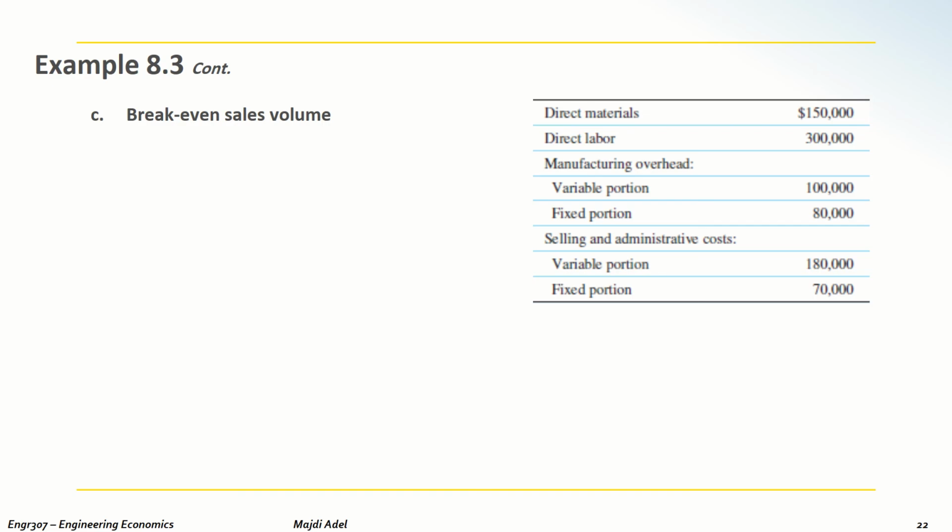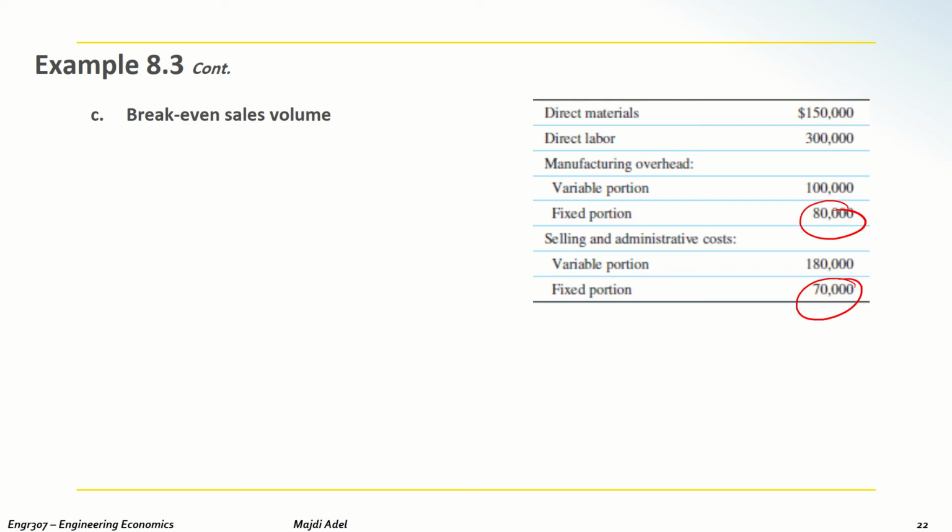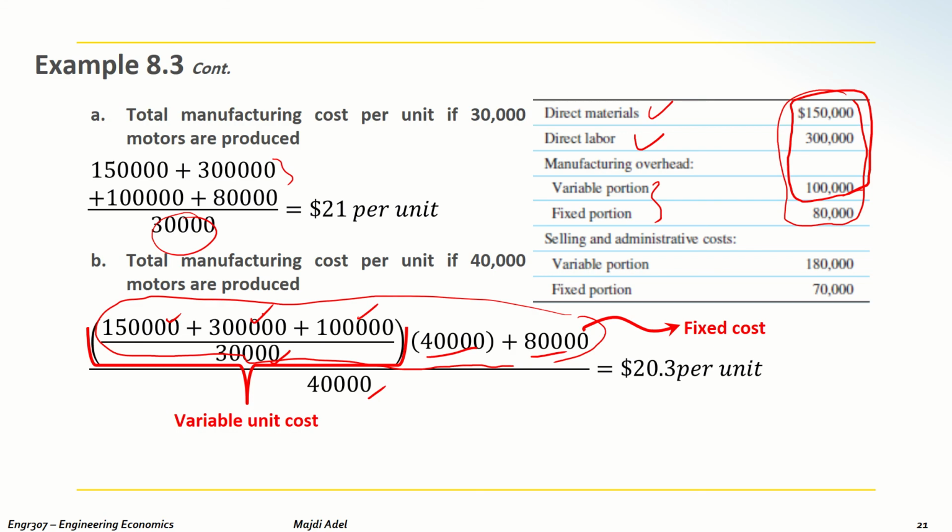Now, break-even sales volume. The break-even is the fixed cost divided by the selling price minus the variable cost per unit. So the fixed cost is 80,000 and 70,000. The selling price, where is the selling price?